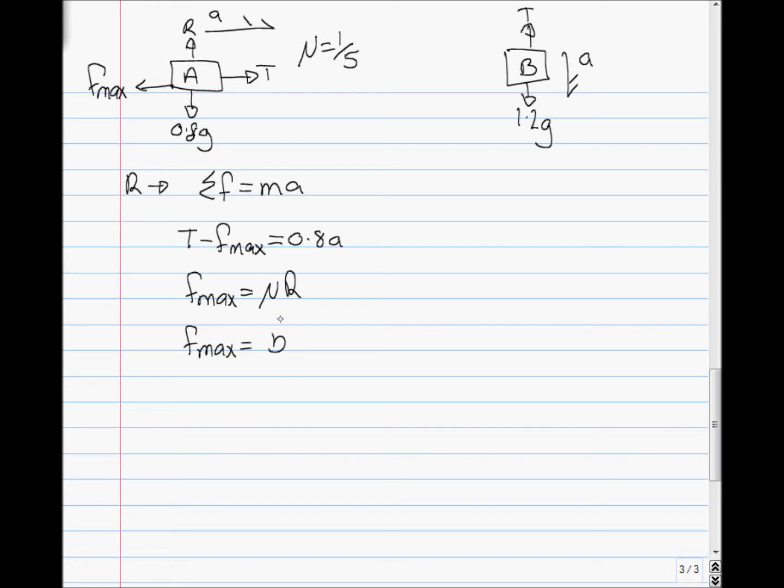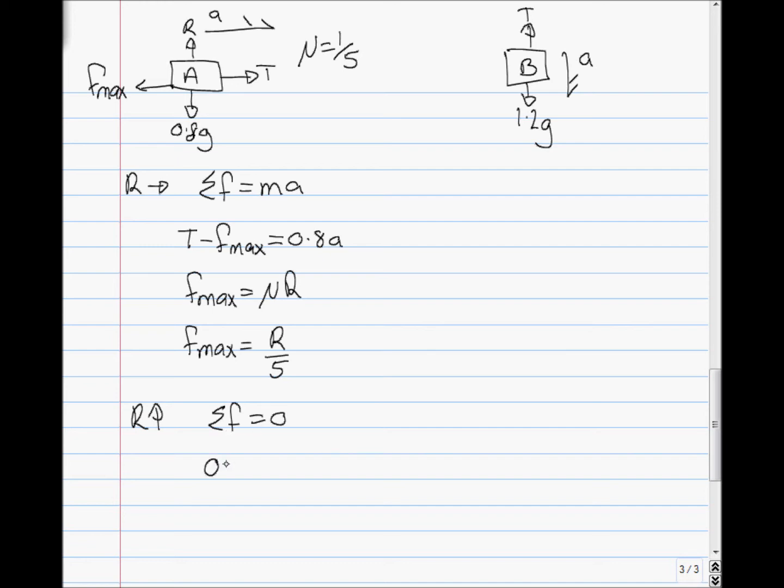We know what mu is, so F max equals R over 5. We can work out our reaction force by resolving vertically. Resolving vertically, it is not moving, so we know that the sum of the forces is going to equal 0, because it's not moving up or down, it's only moving horizontally.